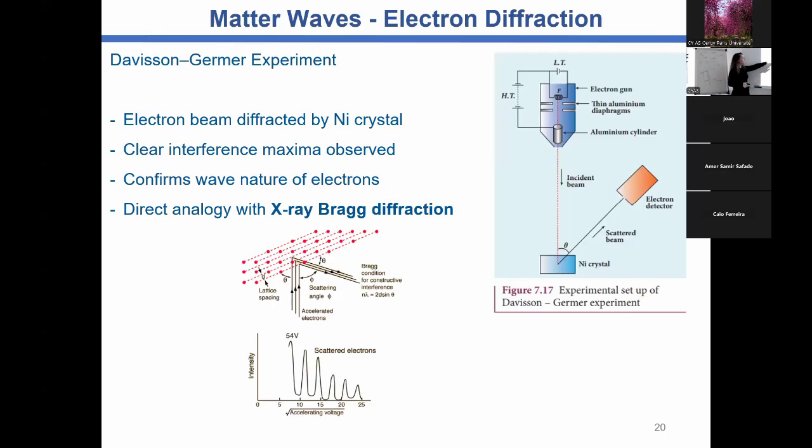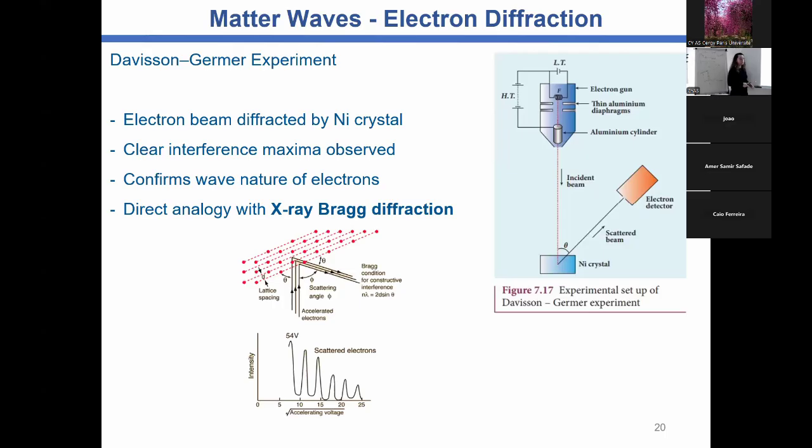So we don't see just diffraction patterns with photons, but we can also see diffraction patterns using particles. For example, we can use scanning electron microscopy. We observe the scattering of the electron, and we can also correlate it with the atomic lattices of the composition.